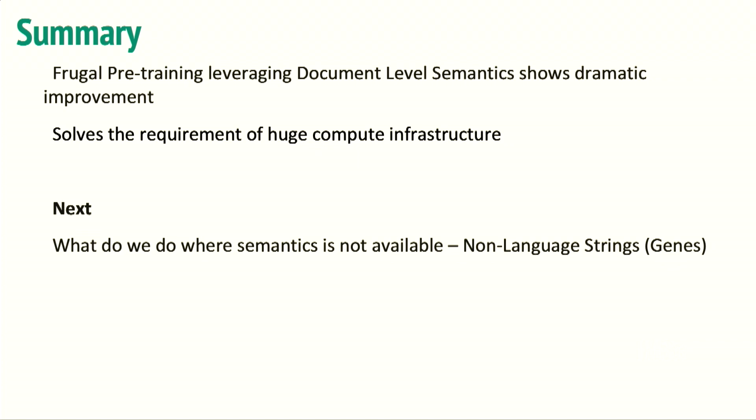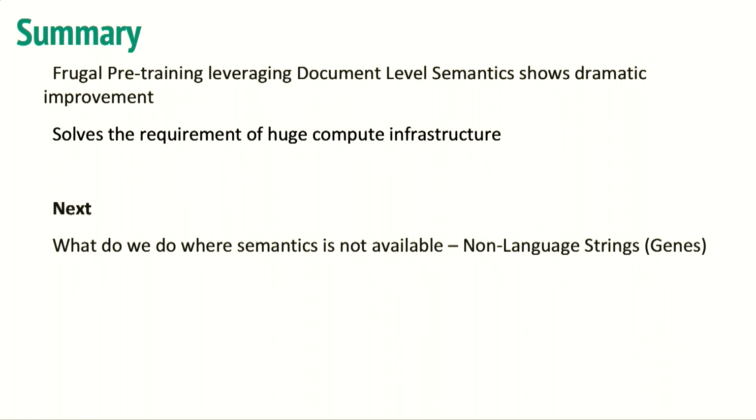So I will give you one last example, because this is also very nice in one way: what do we do where semantics is not available? Like, we are talking about languages. Languages are basically strings. When we are doing masked language model, let us go back to the masked language model. What semantics are we leveraging?